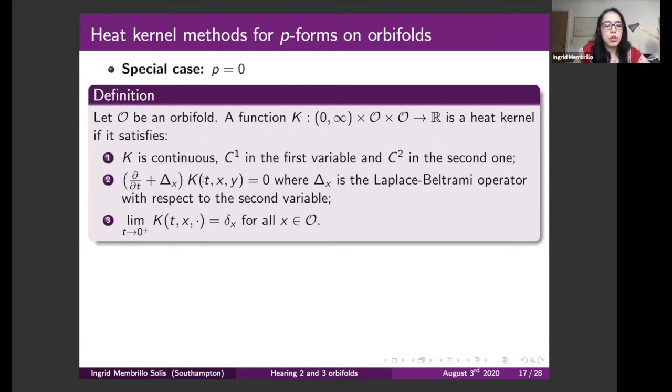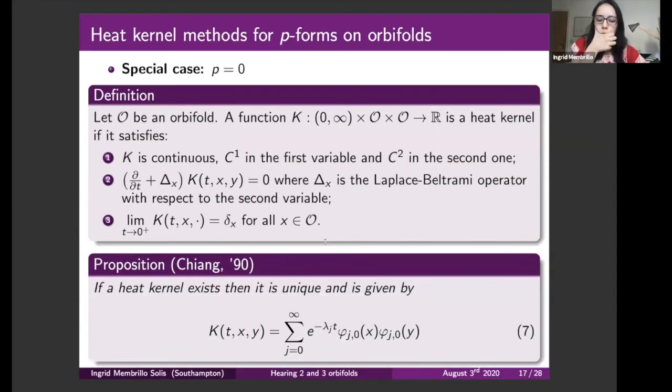Also, this function satisfies this equation, where delta sub x is the Laplace-Beltrami operator with respect to the second variable. And also, this limit is satisfied for all x in the orbifold. A result also obtained by Xiang in the 90s is the following: she showed that if a heat kernel exists, then it is unique, and it is given by this expression.